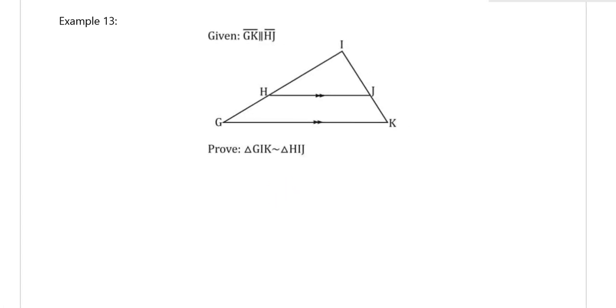All right, go ahead and look at the next page for our next example. Make sure there's room. Okay, so example 13. Again, I'm going to start with my statements and my reasons.